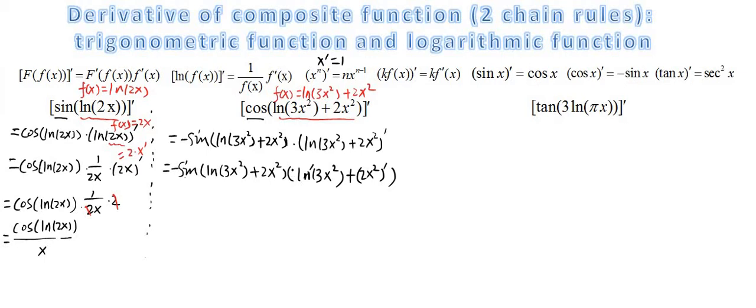Okay, and let's take a look at the second term. The derivative of 2x squared, we can apply the constant multiple rule. It should be 2 times x squared prime. And now let's take a look at the first function, ln 3x squared prime.